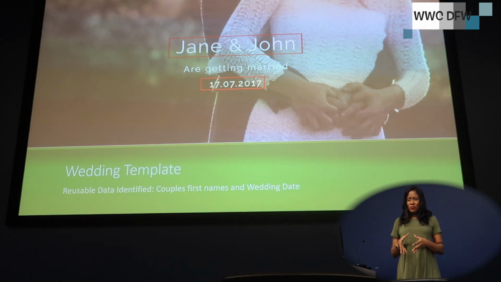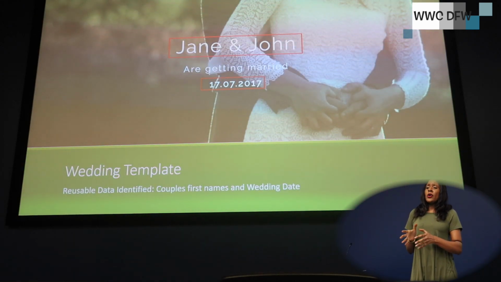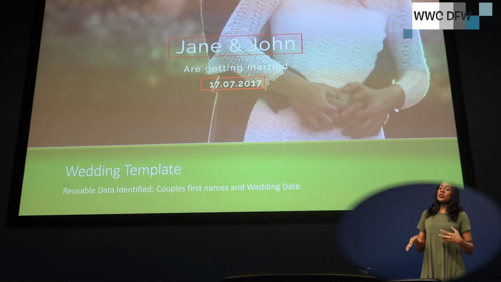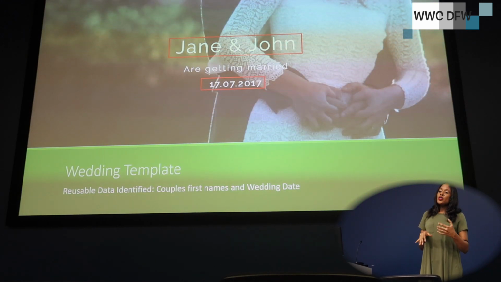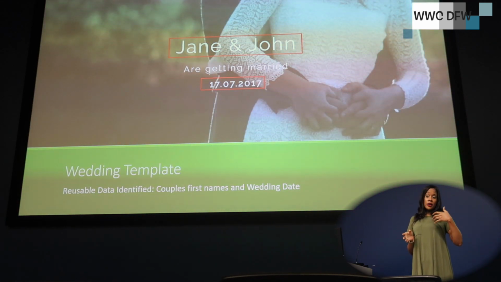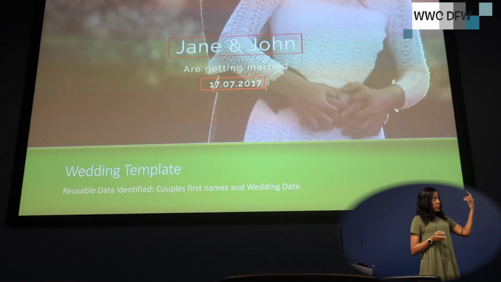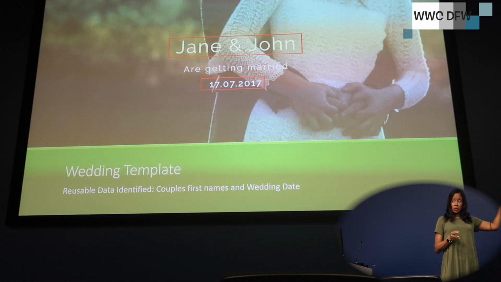Then I got to thinking, what if I made it more flexible, where if I needed to use it again, all I've got to do is update the data or add another data row to the table, and it just plugs in each person's name.